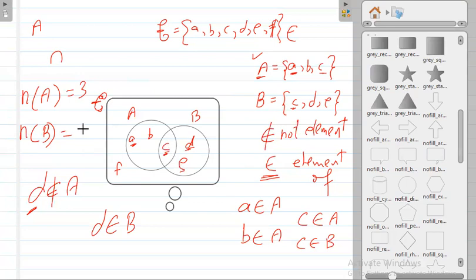These are 1, 2, 3. But if, for example, it is asked what is A, then you have to write it in that set form. But if this n is written, it means the number of elements in A. And if it is written this way, it means the number of elements in B.